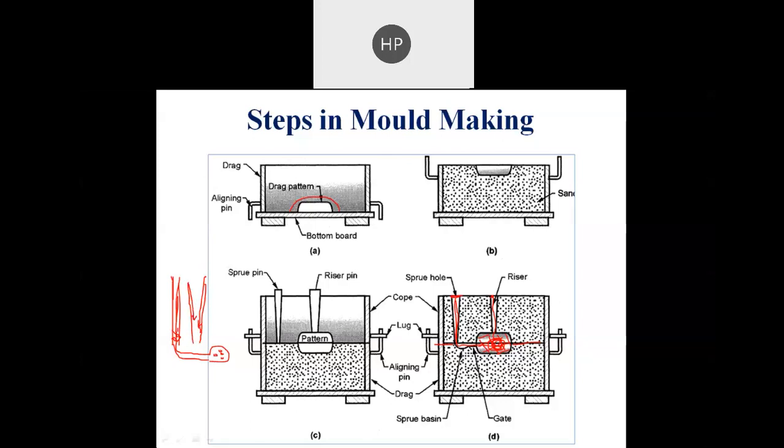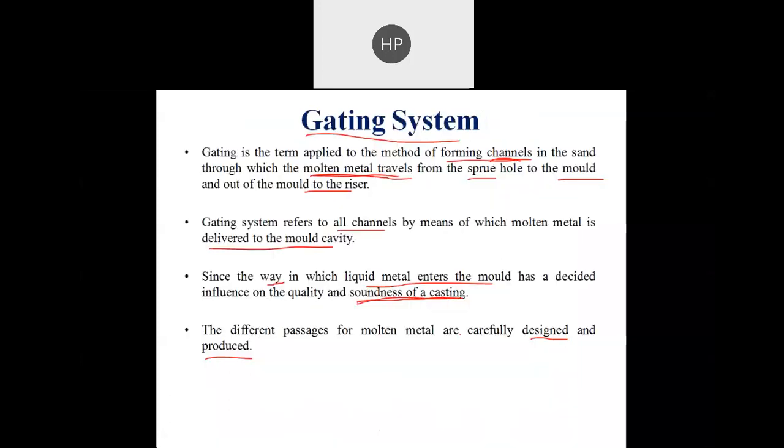So the air bubble is not trapped, and only pure metal enters the hollow cavity, so the chance of generating defects is eliminated. And that's why this sprue is made in a taper shape.